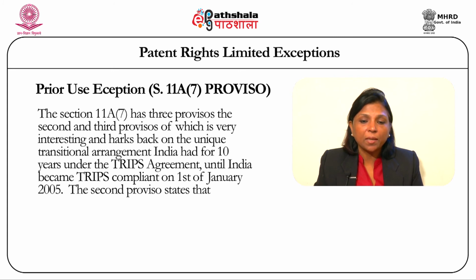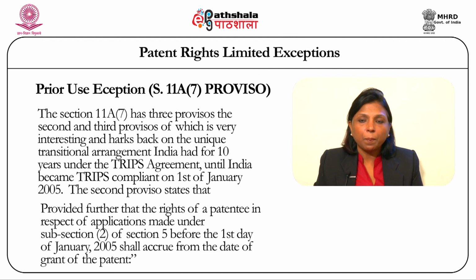In all, there are 3 provisos, and they are very interesting provisos. The proviso 1 states that provided that the rights of a patentee in respect of applications made under subsection 2 of section 5 before the first day of January 2005 shall accrue from the date of grant of the patent, not from the date of the publication, but from the date of the grant of the patent.